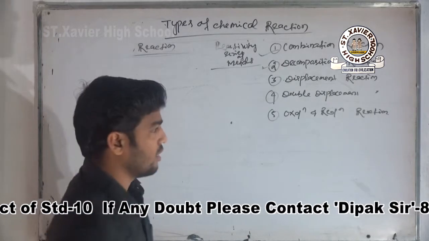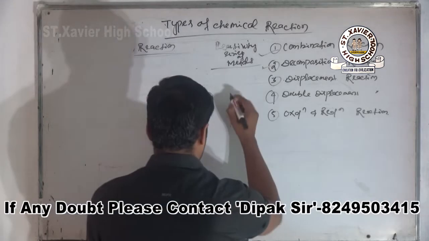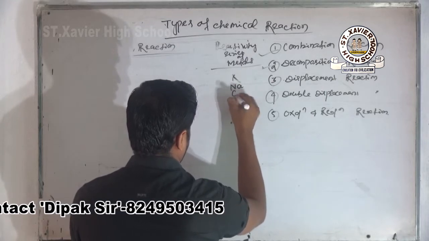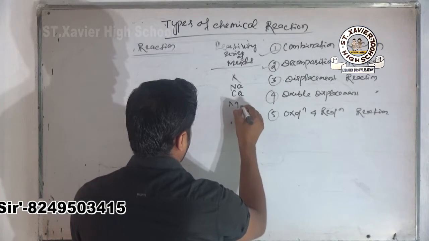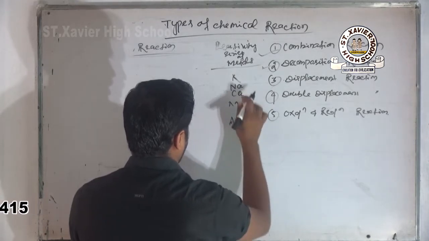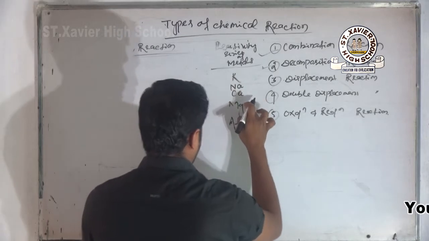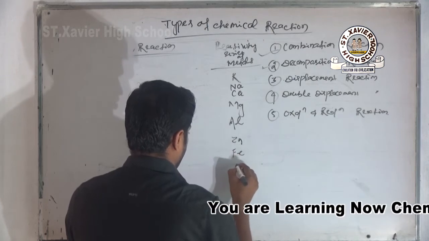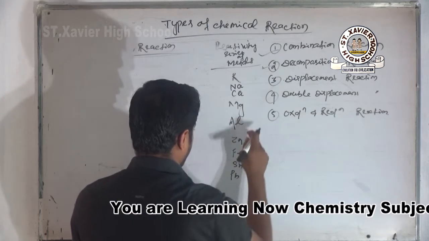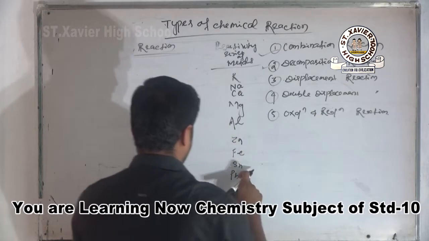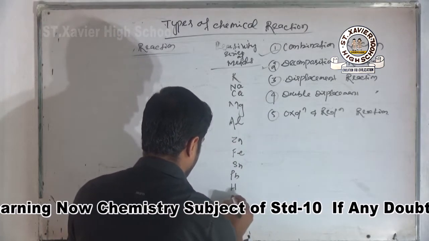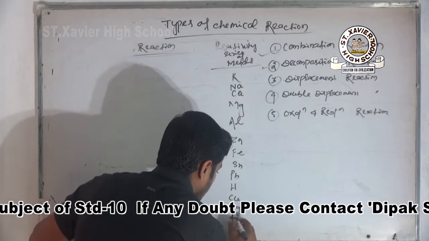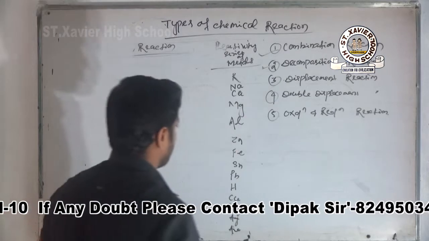So metals we have already taken. The reactivity series is as follows: potassium K, sodium Na, calcium Ca, magnesium Mg, aluminum Al, zinc Zn, iron Fe, tin Sn, lead Pb, hydrogen H, copper Cu, mercury Hg, silver Ag, and gold Au.